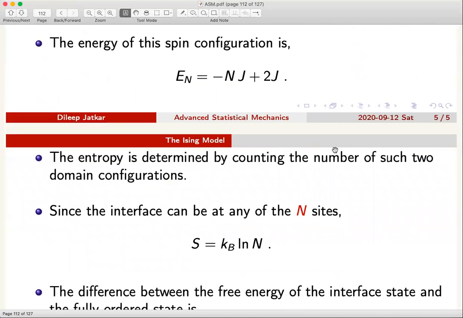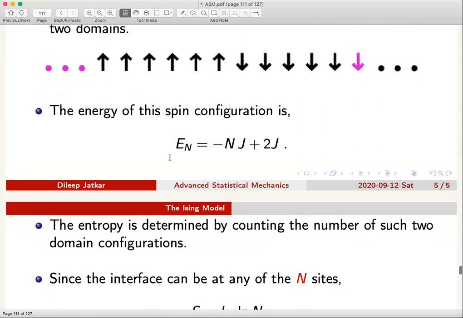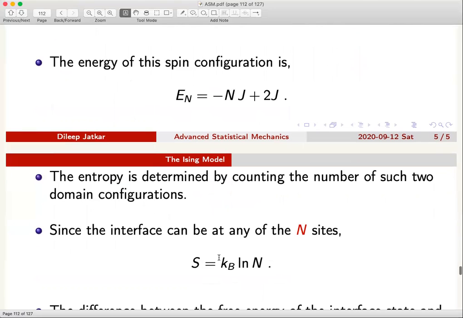So this configuration costs this particular energy, and for this energy, n such configurations are available. Therefore entropy would be the log of that quantity. So suddenly entropy has taken a big jump, going from 0 to log n. If n is large, that is a significant number. It's not very, very large, but it is reasonably significant.